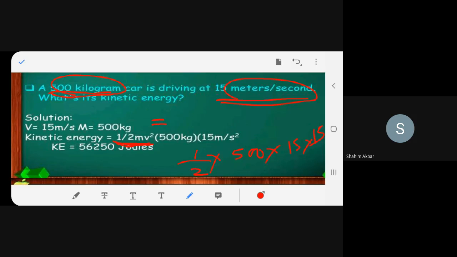You can divide it, you will get 250 into 15 into 15, you get 56250 joules. This much will be the answer. Just plain calculation, nothing else. This is sheer maths, and you can do calculation very well, isn't it?